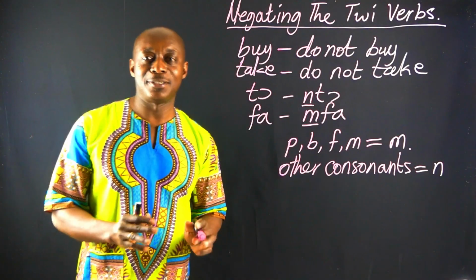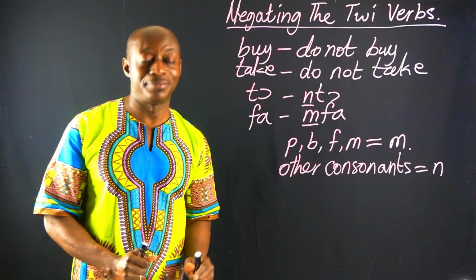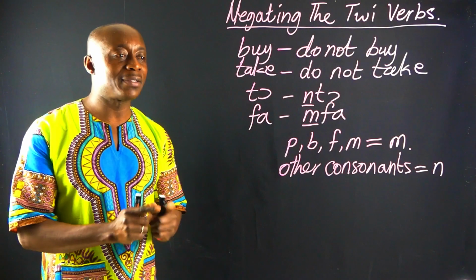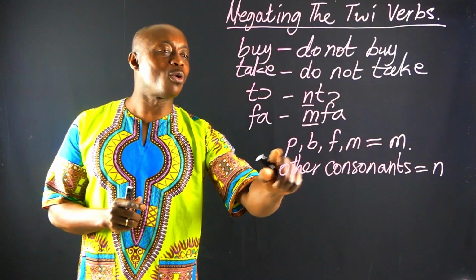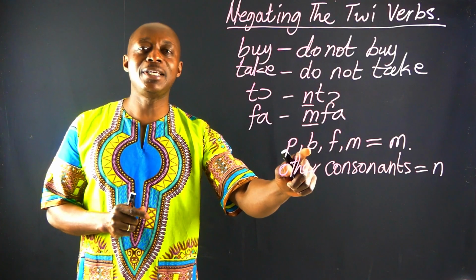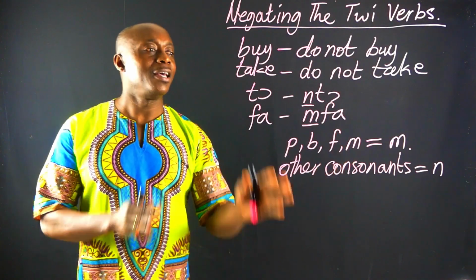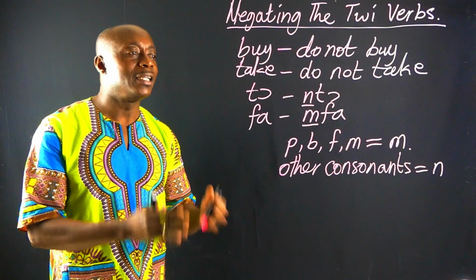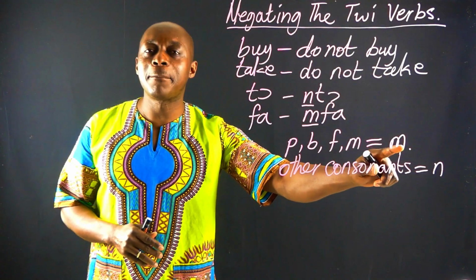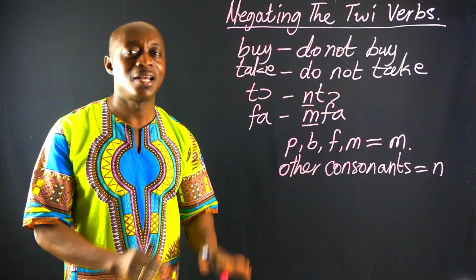So, this is what we are saying. All Twi verbs begin with a consonant. All the Twi verbs that begin with one of these consonants, P, B, F, and M, in the negative form, will have to be prefixed with M for them to become negative.